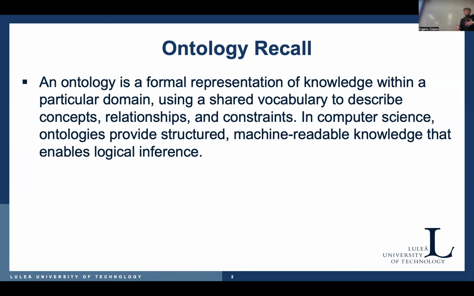So it has a vocabulary, and this vocabulary describes concepts, relations, constraints, and they're used, again, for interoperability, for reasoning on this formally represented knowledge.